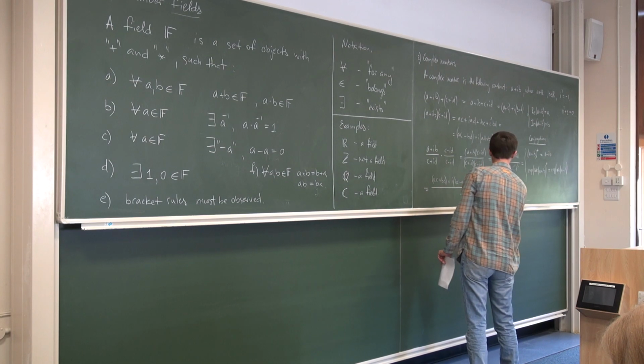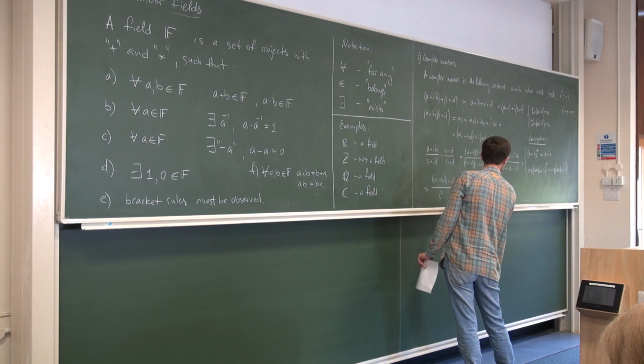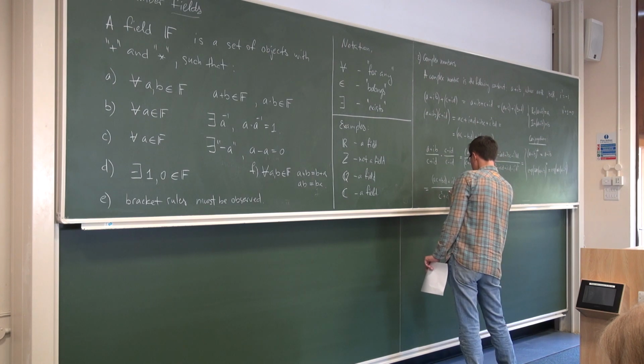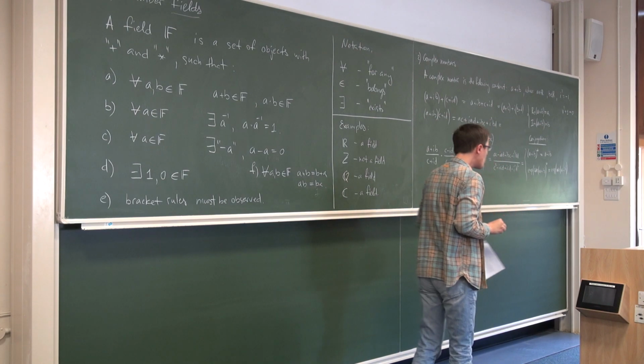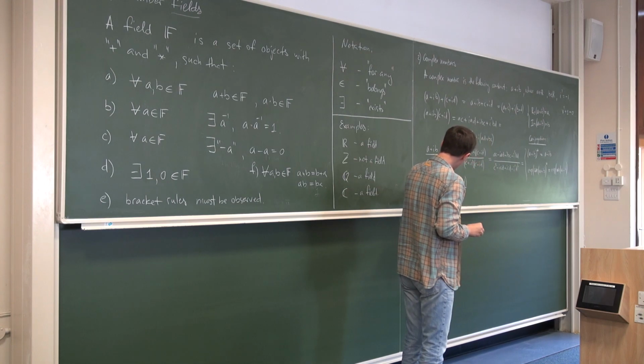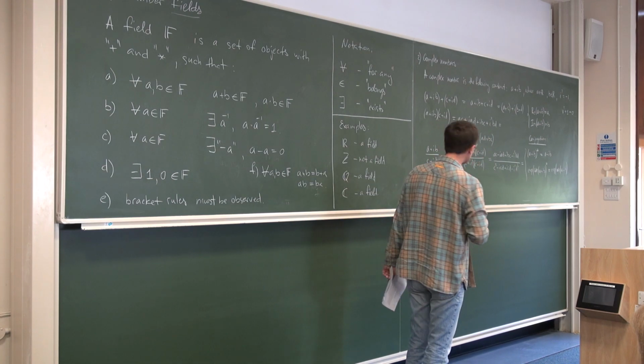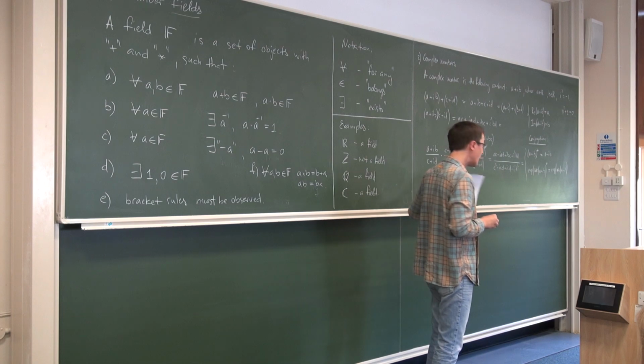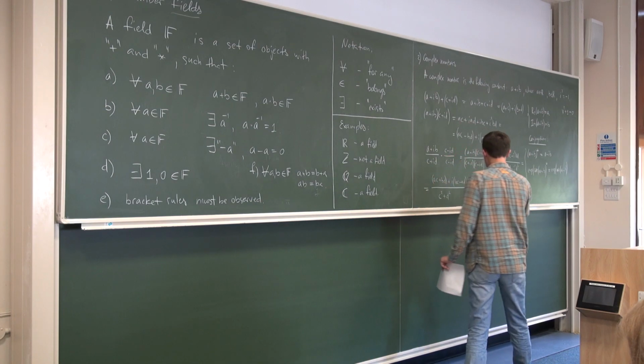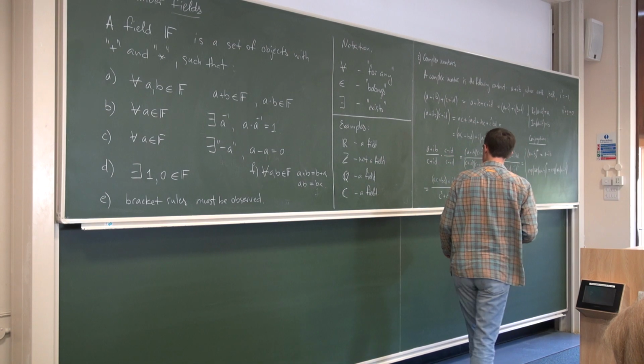And in the denominator we have C squared plus D squared. The simplification here is we have no i anymore in the denominator. The denominator became real.